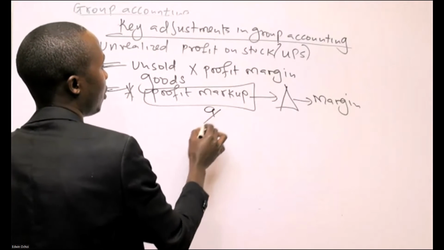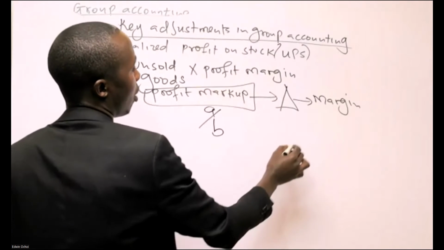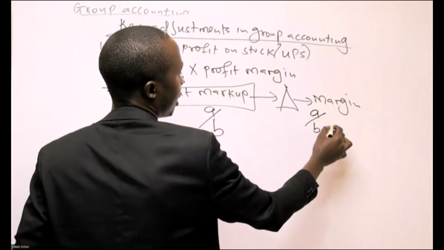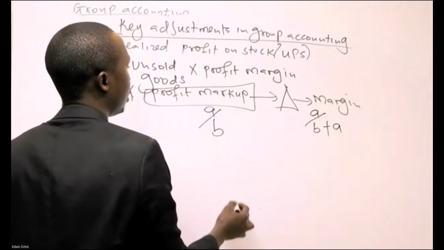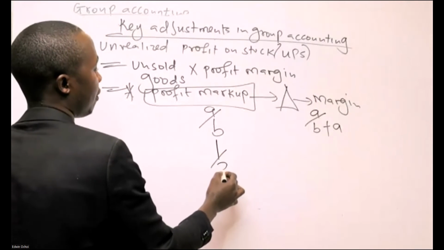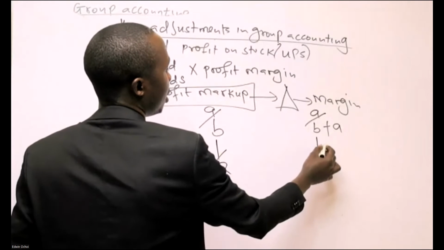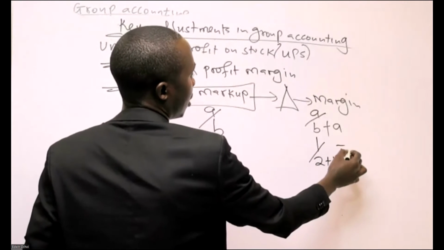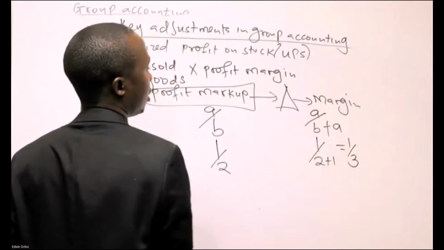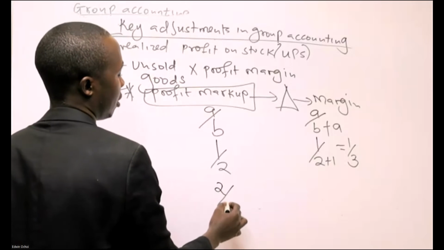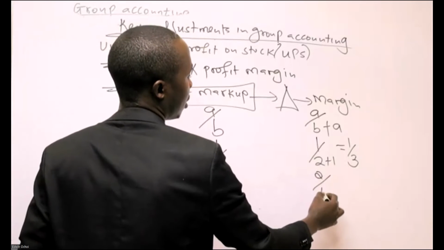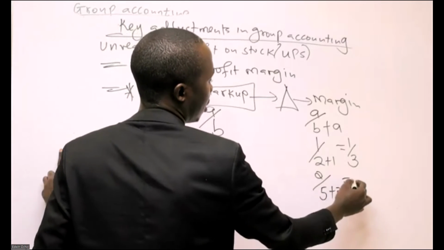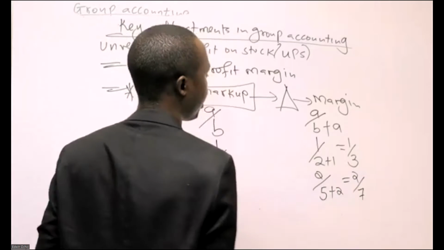If you are given markup of A over B, our margin will be A over B plus A. Example, if you are given a half, this one would be a third. If it's 2 over 5, this one will be 2 over 7.